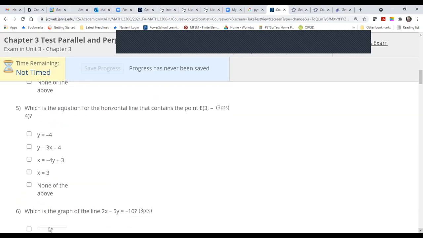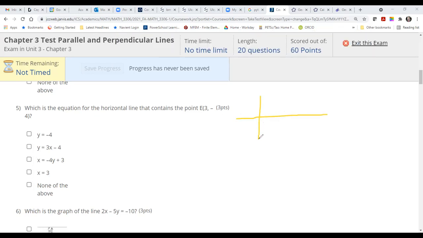Okay, which is the equation of the horizontal line that contains the point 3, negative 4? A horizontal line is like going flat like this, right?